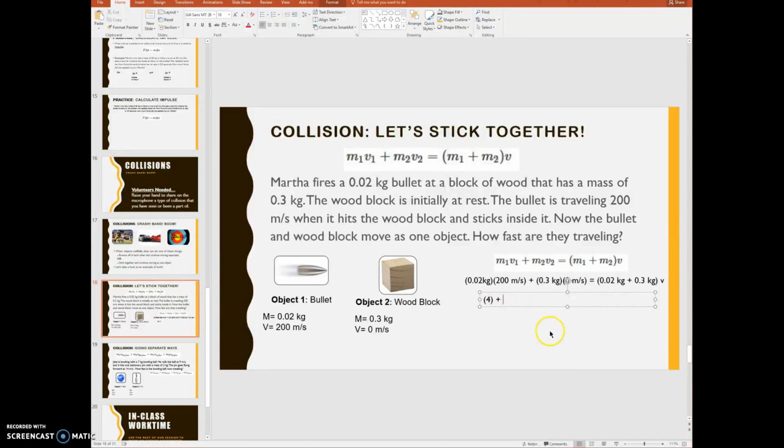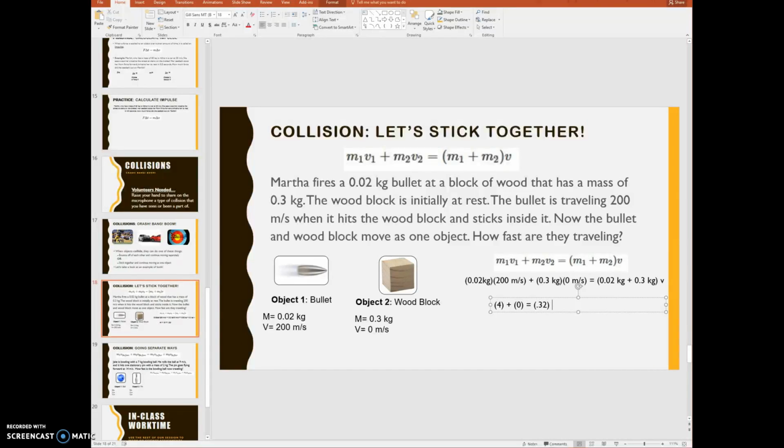In the next part of my equation, I'm taking 0.3 times 0. We know anything times 0 is going to be 0. That's pretty easy. Let me move on to the right side of my equation. I'm seeing 0.02 plus 0.3, and that gives me a total of 0.32.